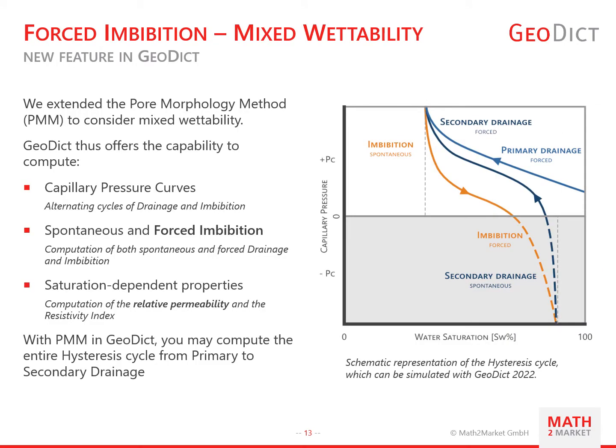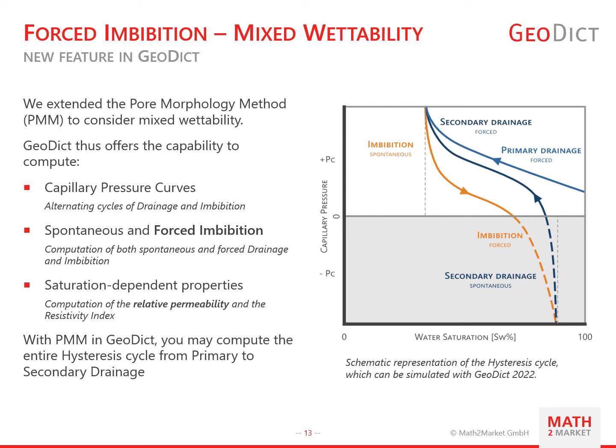Of course, the pore morphology method has many more capabilities. In recent development efforts, we extended the pore morphology method by consideration of mixed wettability. So as a summary, today's capabilities include the computation of capillary pressure curves for alternating cycles of drainage and imbibition, the computation of spontaneous and now also forced imbibition, and spontaneous and forced drainage.